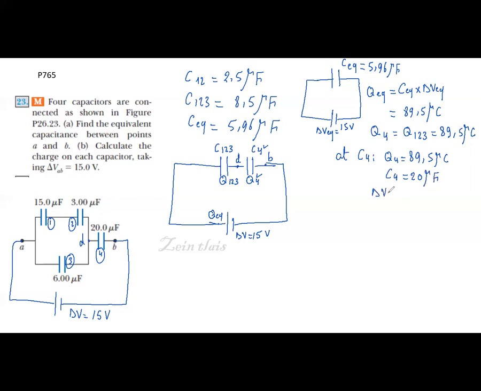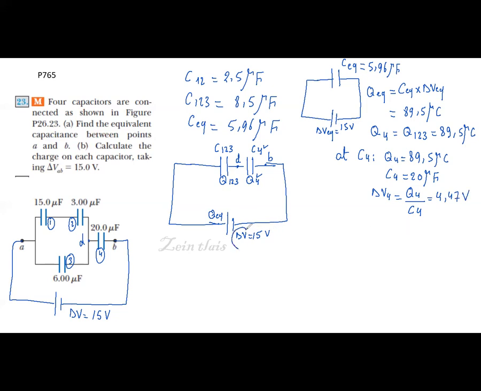So delta V4 equals Q4 divided by C4 equals 89.5 divided by 20 equals 4.47 volt.